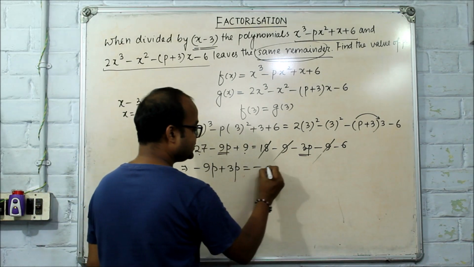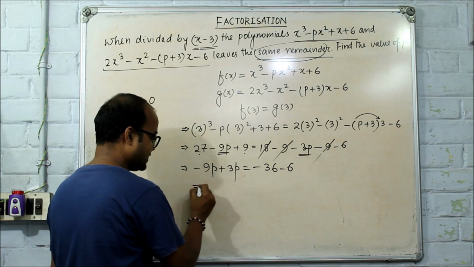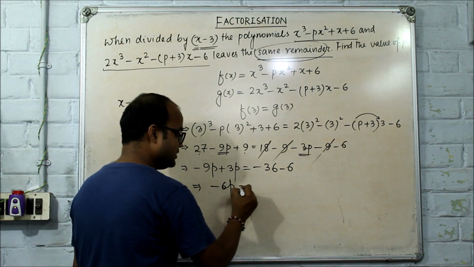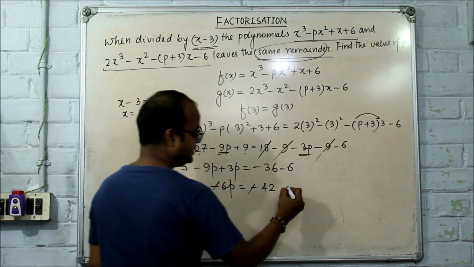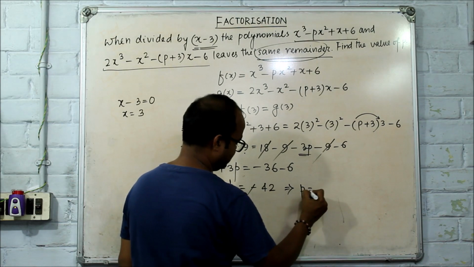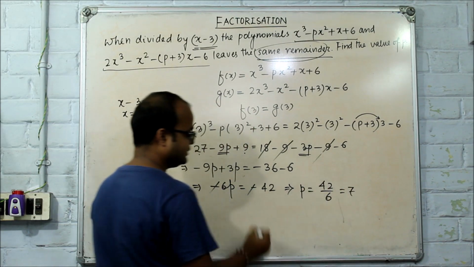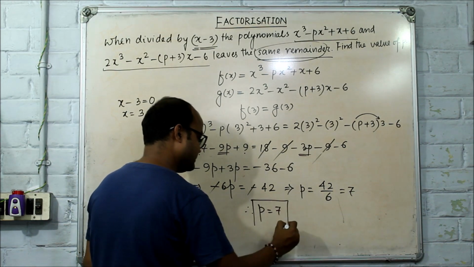When it goes to the other side, it will become minus 36 minus 6. So minus 9p plus 3p is equal to minus 6p is equal to minus 42. Minus minus cancel. So it implies p is equal to 42 by 6, which is equal to 7. Therefore, the value of p is equal to 7.